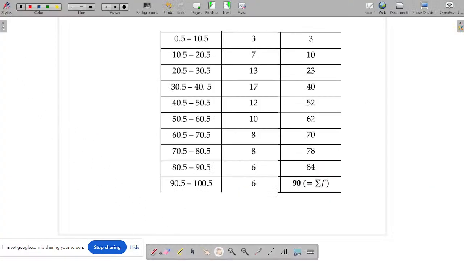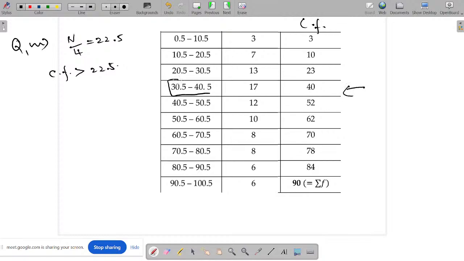So what happened in the case of Q1? What did you do first? The n by 4th value was found. What is n by 4? 90 by 4, which is 22.5. Am I right? Then you calculated CF greater than 22.5. So this is my CF. It lies over here. So this class is named the Q1 class, quartile 1 class.